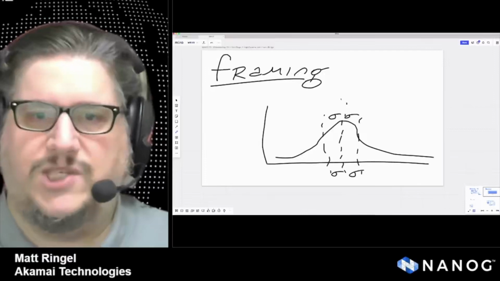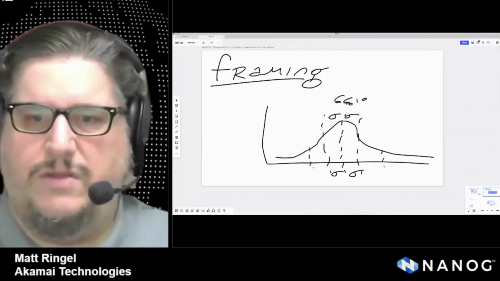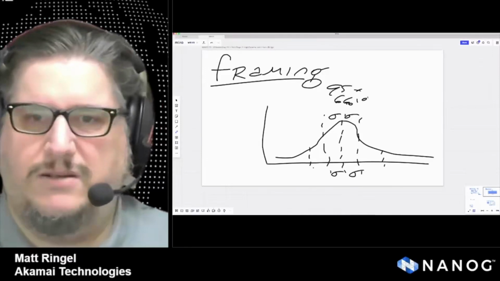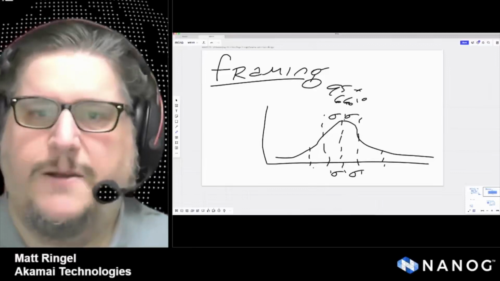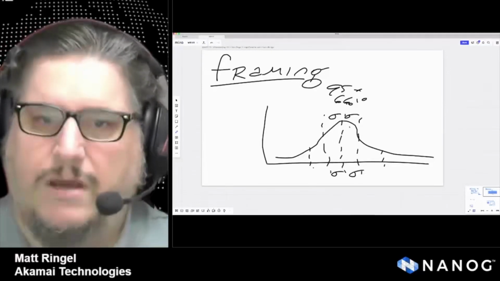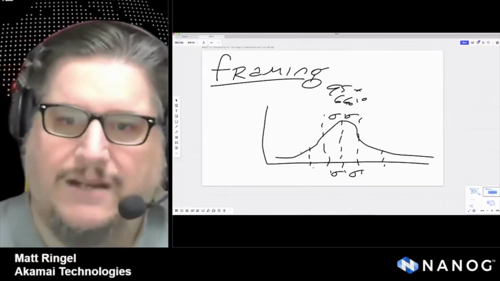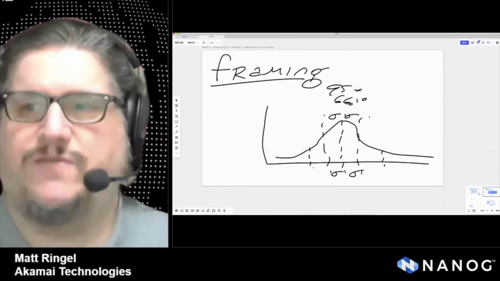We know that, 66%, something like that, is within here. And we know that 95+% or whatever is in these, and then lots of stuff is out here. But there is a middle. Most of the things that we're looking at end up in the middle. And there's an even distribution to both sides. These are all traits of a normal distribution.